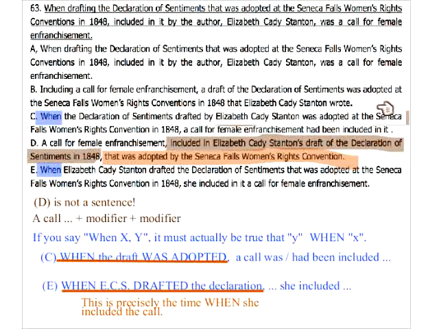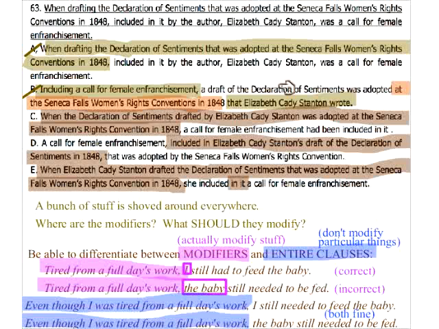Had been included is also an issue because of the past perfect. You can Google past perfect. You can look at our lessons about that. It's not appropriate here, but we don't want this to devolve into a discussion of verb tense. So the main deal here is that this is a lie, and this is the truth. The main point again is that modifiers have to actually modify things that make sense.